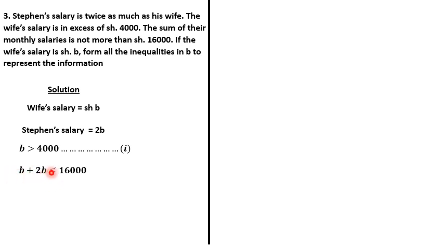Therefore, B plus 2B is less than or equal to 16,000. Then we add and we get 3B is less than or equal to 16,000. So that is how we can form inequalities in this question. These are the only two inequalities that can be formed from this statement.